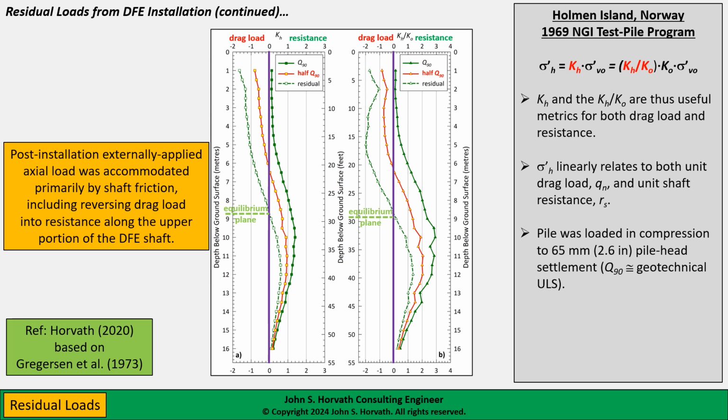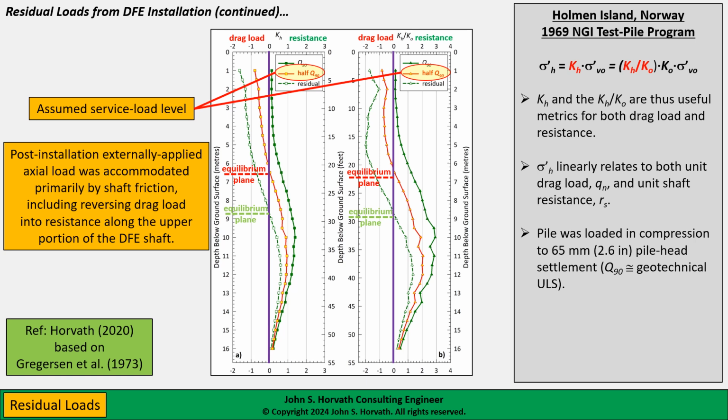So Q90 was a parameter that NGI used, at least circa 1970, to define the ultimate geotechnical resistance of a driven pile. So the bottom line is that enough load was applied and the pile settled sufficiently to basically load it to what we would consider to legitimately be a geotechnical failure.